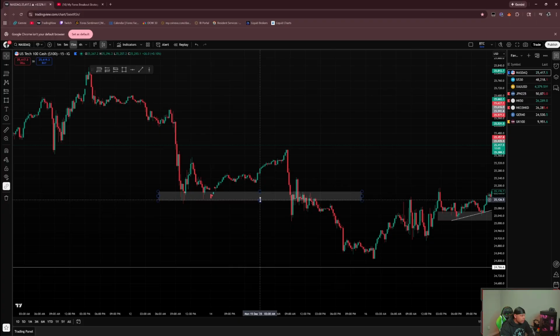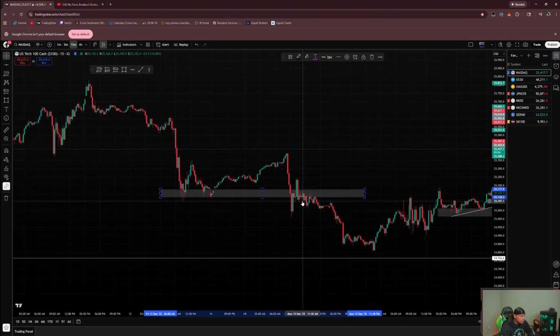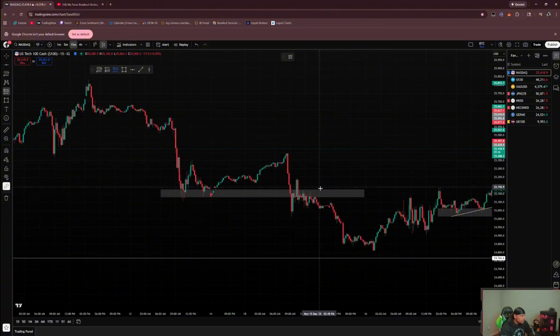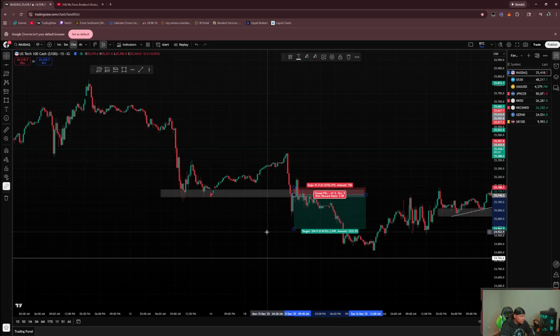This is a trade I actually took. I had the confidence that it was going to push down. But what happened was it broke, it came up, retested. And as soon as I seen this red one, I got in a short position. I wanted my stop loss pretty tight.